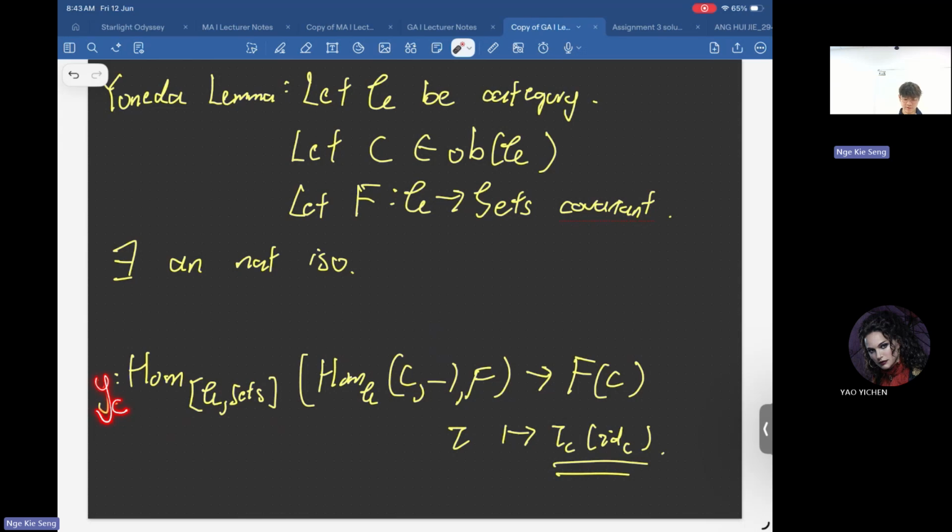Y on C, right? You can remove the C, and then this is the functor between these two. This is a natural transformation between F and this home of home blah blah to F.